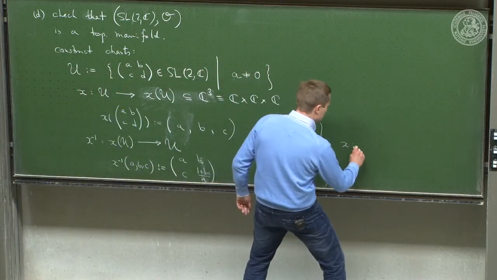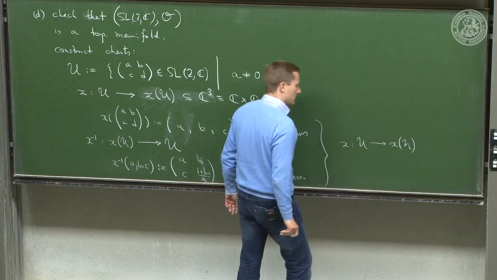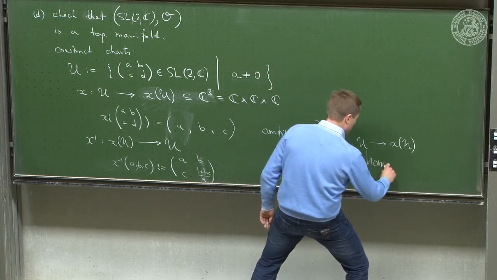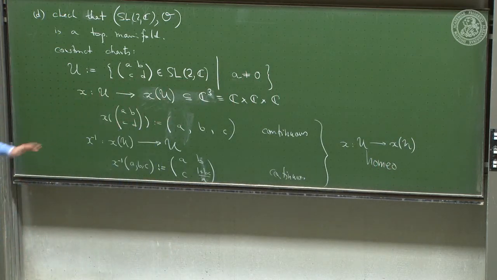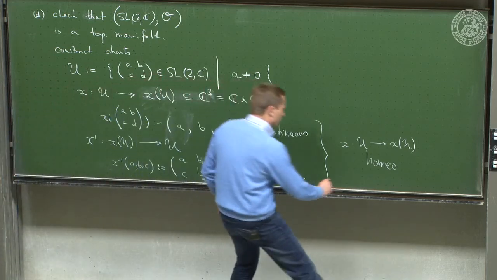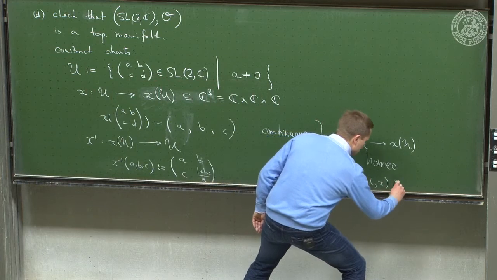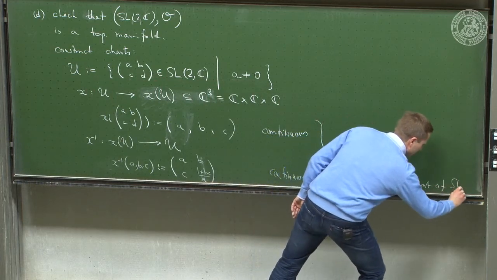That means X from the chart domain U into the image in the chart is a homeo. So it is a local homeomorphism of the SL2C, this guy is a homeo. In fact, it is a chart. That is, U with X is a chart of SL2C.